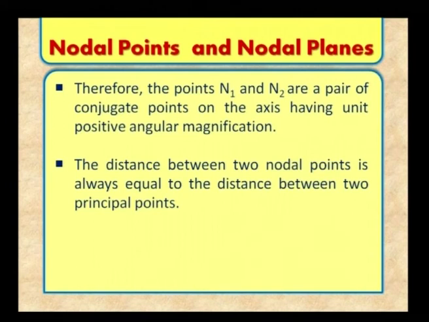And so, with this we come to the end of what we have to discuss with regard to thin lenses. Now, let us see, using these points, the principal points and the nodal points, how you can obtain the image for a pair of lenses.